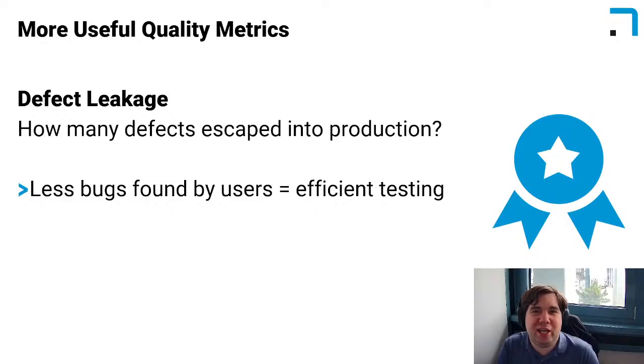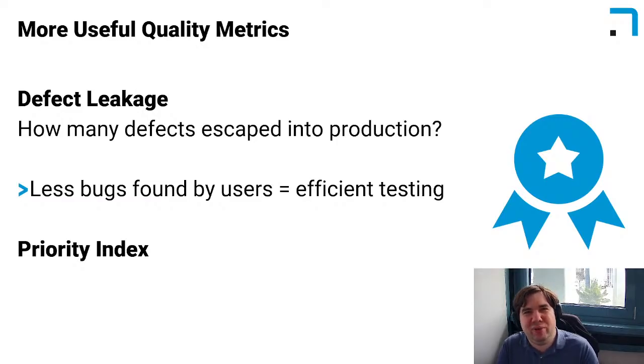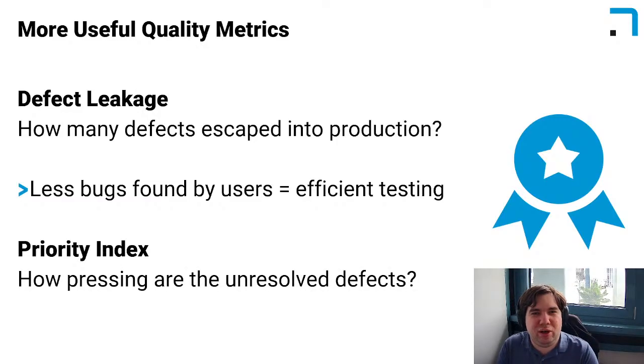We could also look at a priority index to help us quantify our testing. Priority index is sort of asking, well, how pressing are the unresolved defects? We may have several defects open at once that we found, but we may say they're actually a fairly low priority. They don't impact the software all too much.